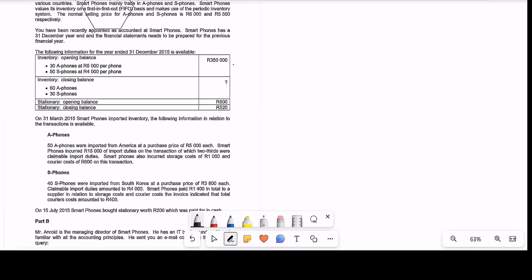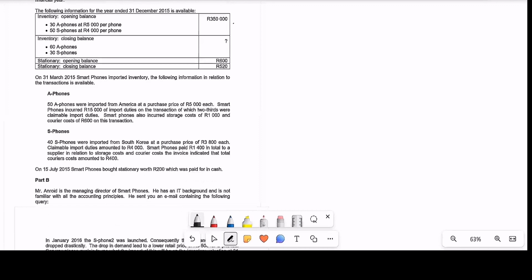It says on the 31st of March 2015, Smartphones imported inventory. The following information in relation to the transaction is available. Let's continue reading. It says 50 A phones were imported from America at a purchase price of 5,000 each. Smartphones incurred 15,000 of import duties on the transaction, of which 2/3 were claimable import duties.